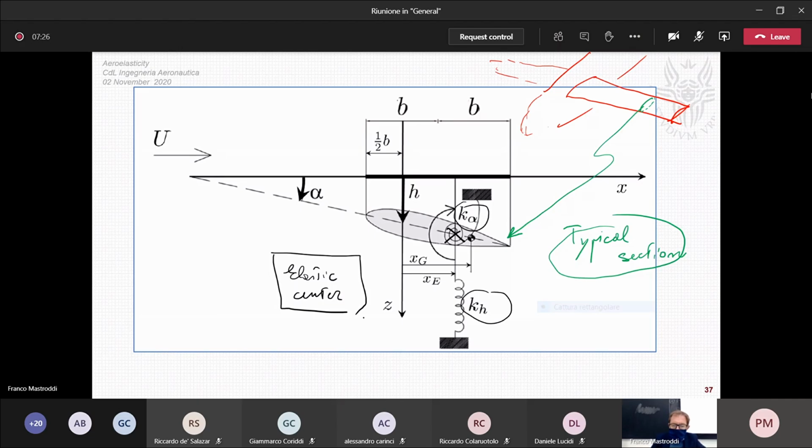As you know, in particular, people coming from an aeronautical master degree, this elastic center is a very special characteristic of the section.